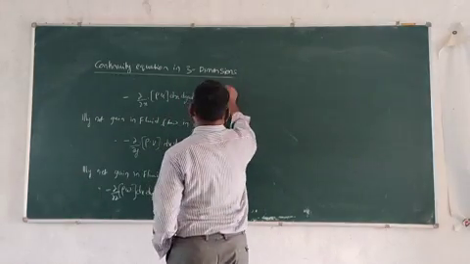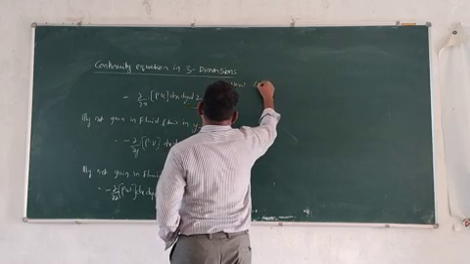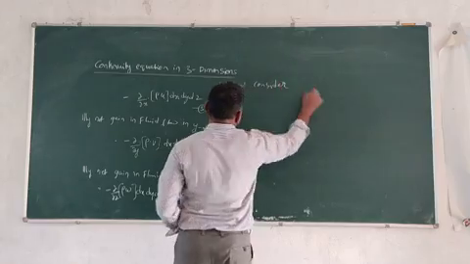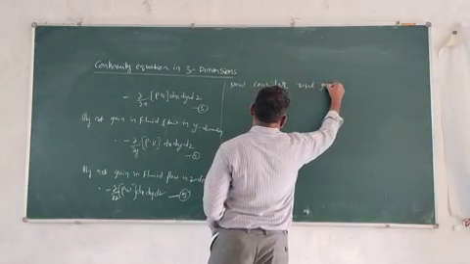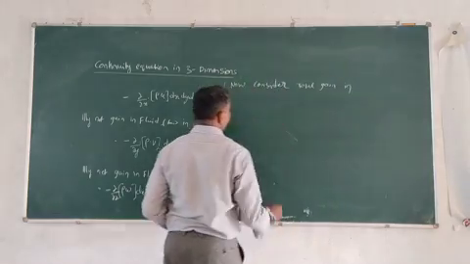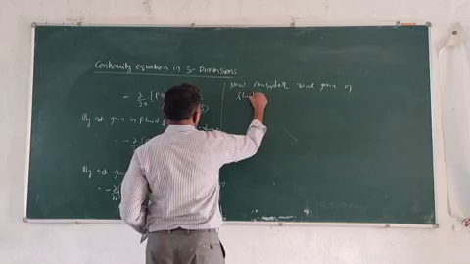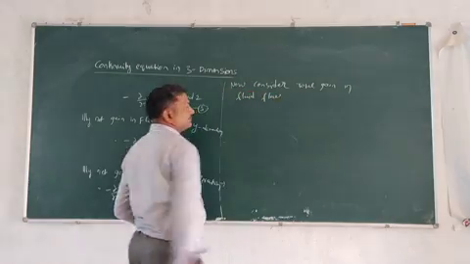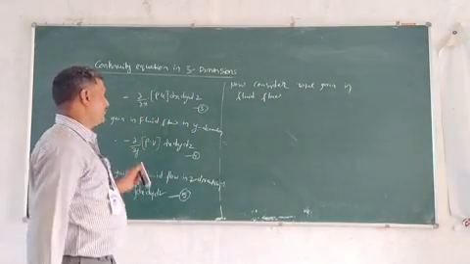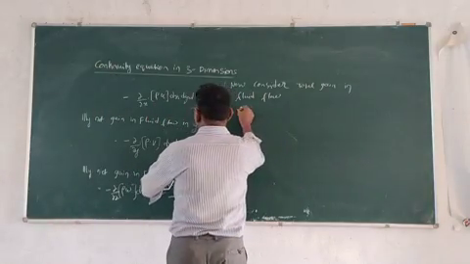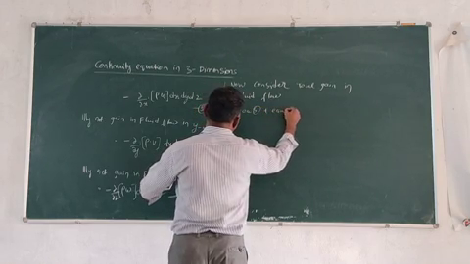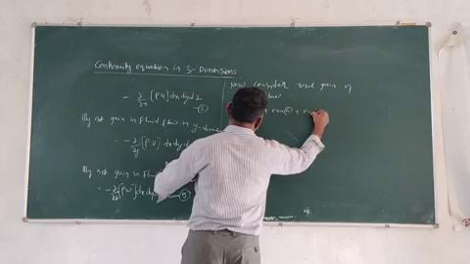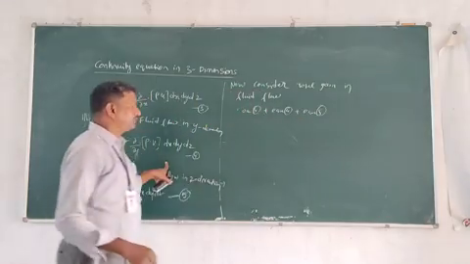Now consider the total gain in the fluid flow. It is nothing but the summation of equation 3 plus equation 4 plus equation 5.